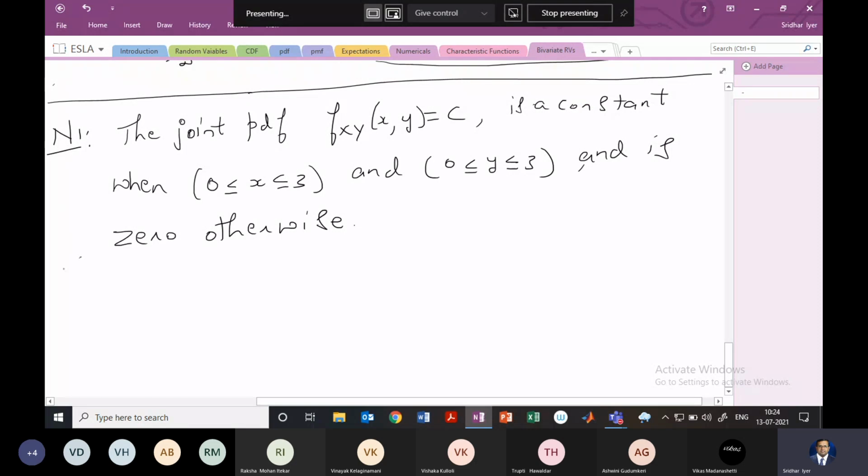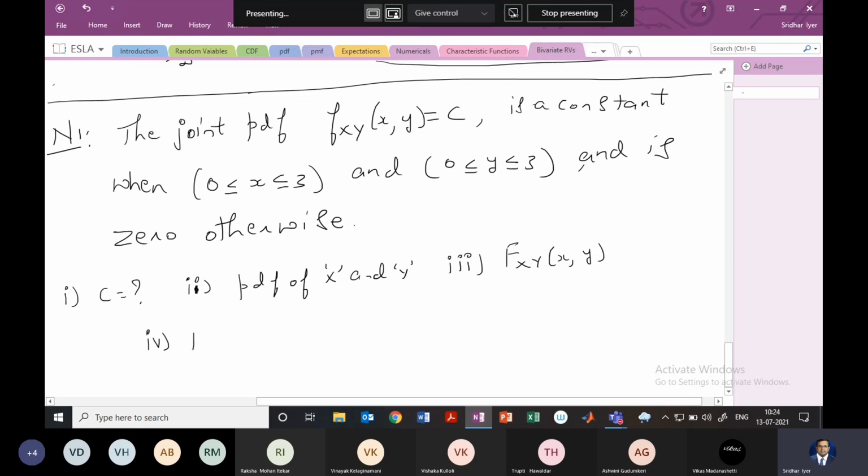What we need to find is: the first part, the value of c. Second part, the PDF of x and y. Third part, fxy of x comma y, given those ranges of x and y.